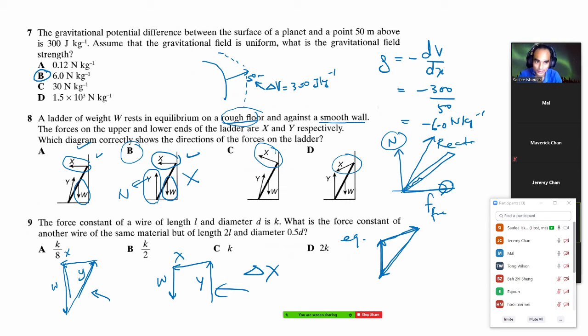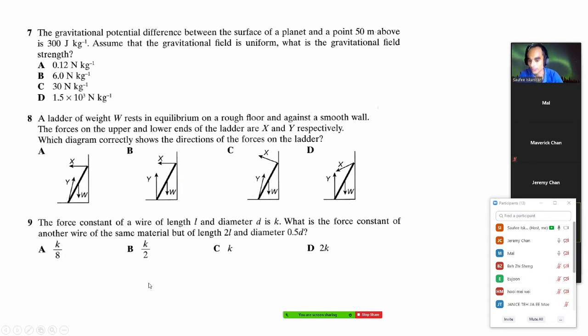So the answer is A. There are two methods you can use to determine the answer, and C and D are out. So the answer is A.